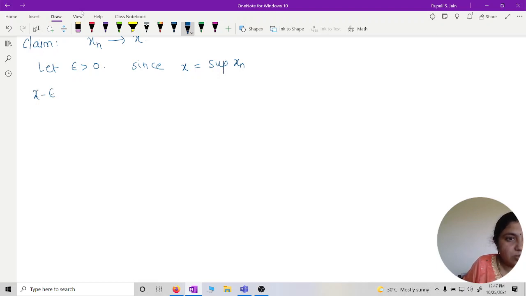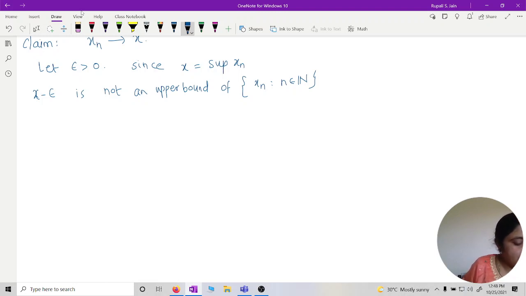X minus epsilon is not an upper bound of this set xn, n belongs to N. Since x is the supremum, if I subtract something greater than 0, it won't be an upper bound because x is my least upper bound. So x minus epsilon is not an upper bound of this set.